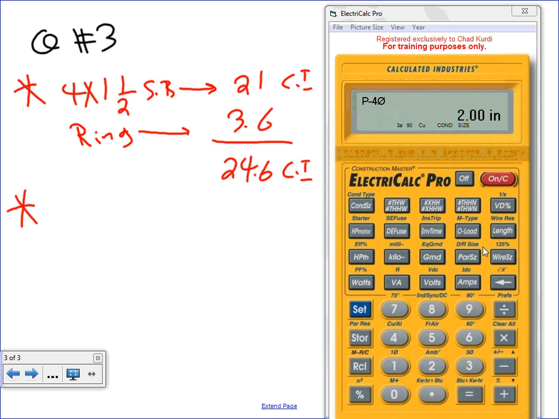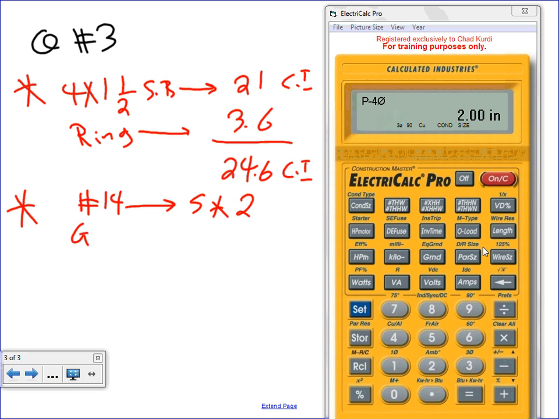Okay, let's find the occupied space. How many conductors do I have? Number 14, I have 5 of them. Each one gets 2 cubic inch allowance. I have grounds.